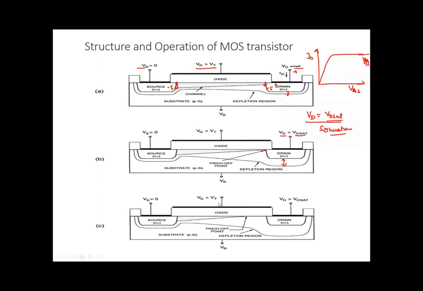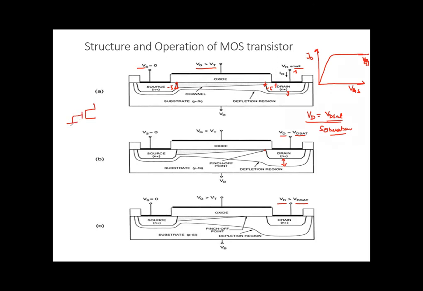So as of now, what we have gone through is that you have a potential applied on the gate terminal that is greater than threshold voltage. So we have fixed VGS. On the other hand, we are changing the VD for different values. Now, for simplicity, I am drawing it like this.